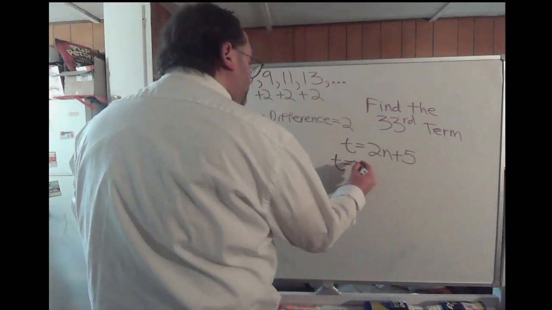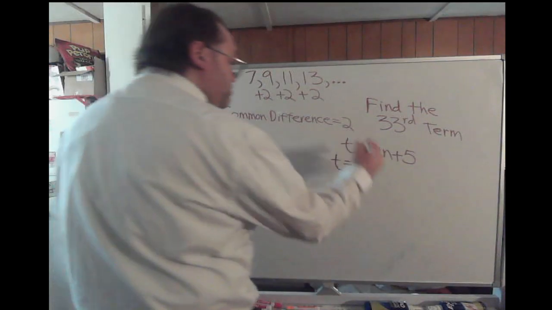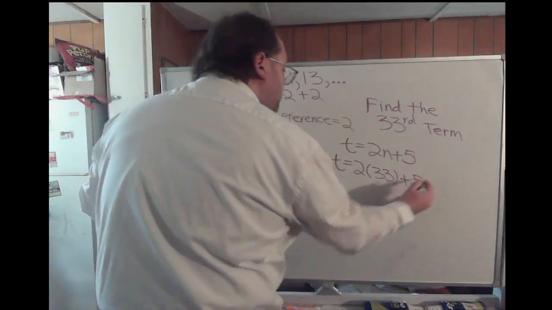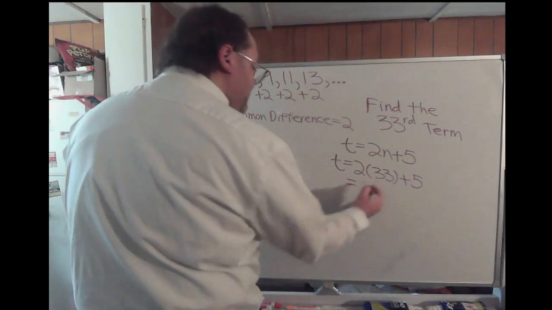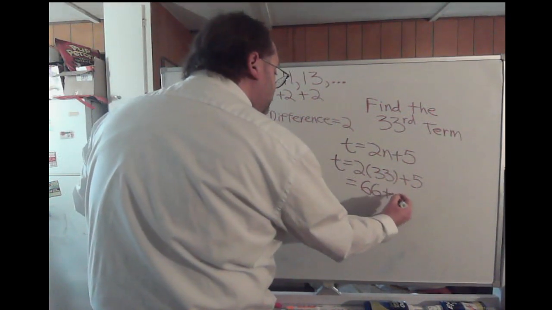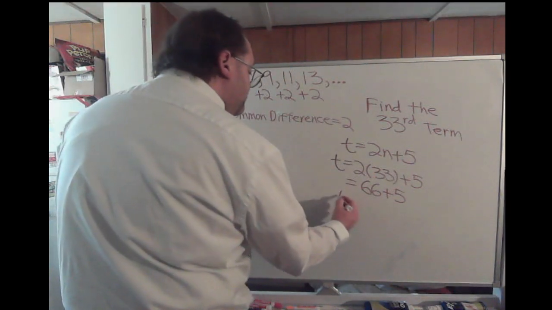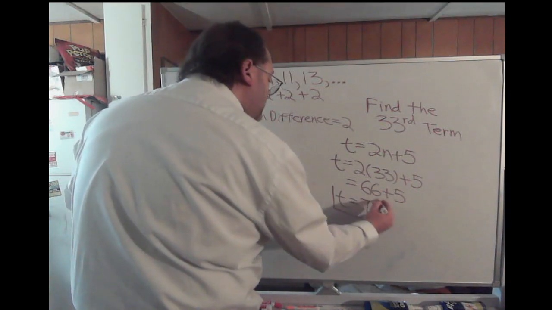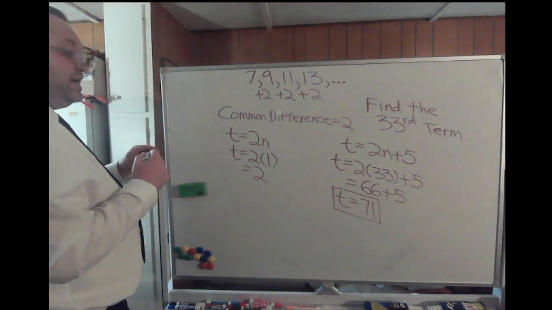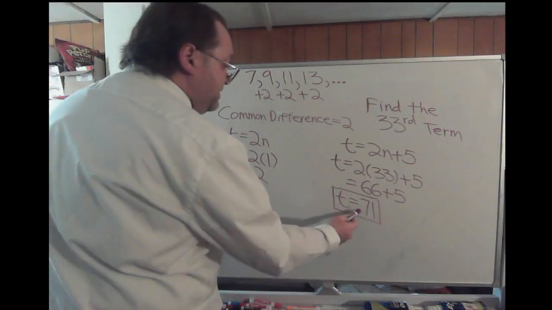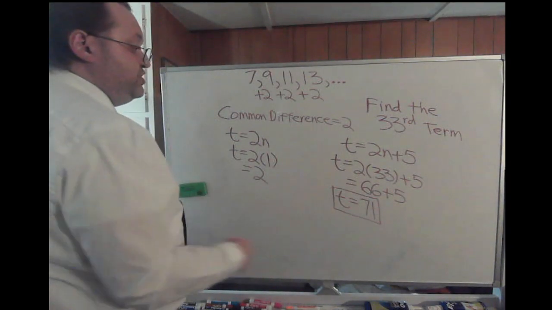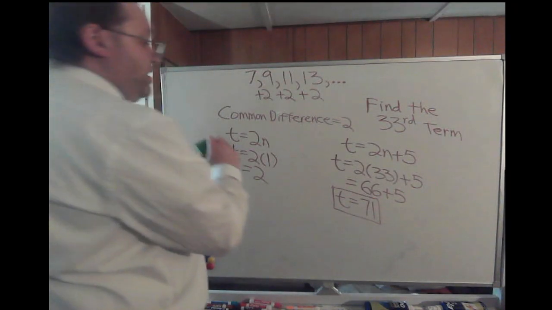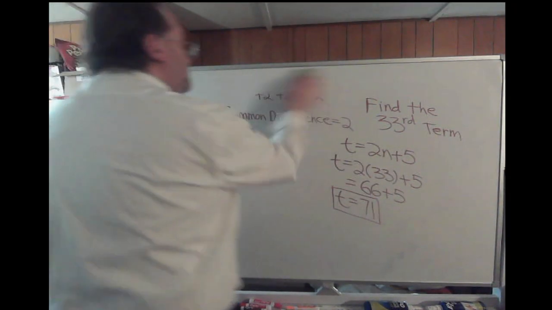So the term is 2 times 33, plus 5. 2 times 33 is 66, plus 5, that would be 71. Beats sitting down and writing out 29 more terms, doesn't it? You can just figure out that it's 71 based on these shortcut formulas. So the 33rd term is 71.